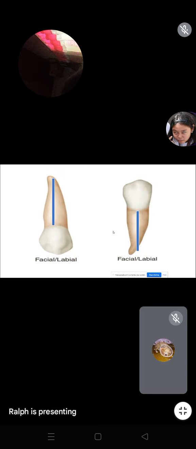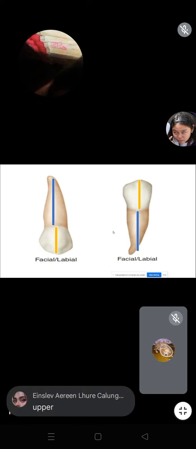Now, compare the upper and the lower canine, based on the crown from the labial aspect. Which is wider in terms of mesiodistal width, upper or lower canine? Upper canine, right?